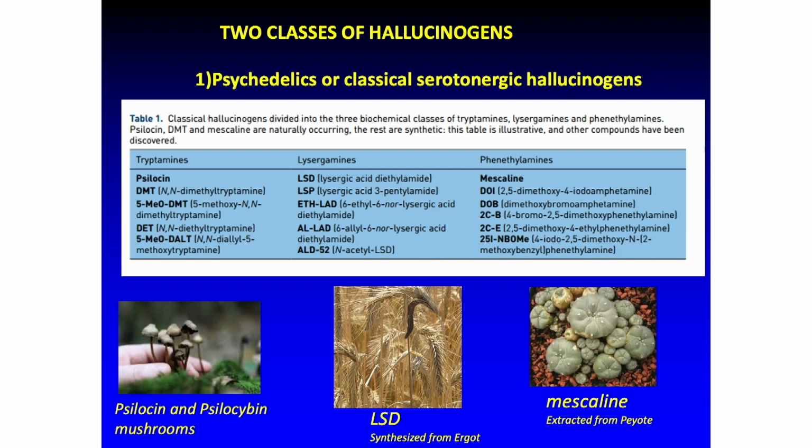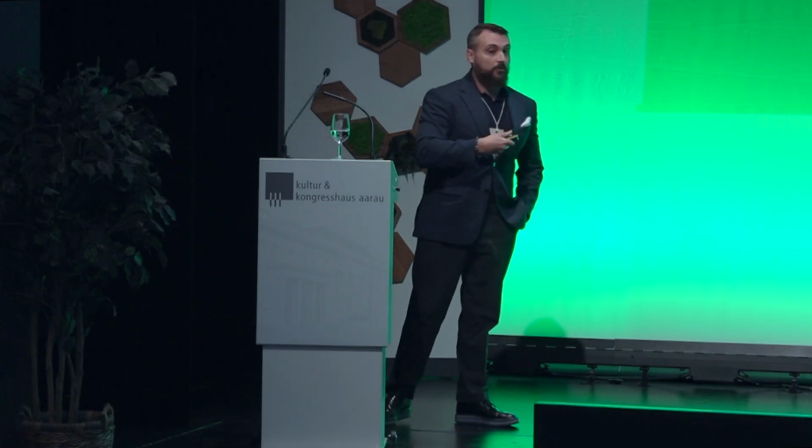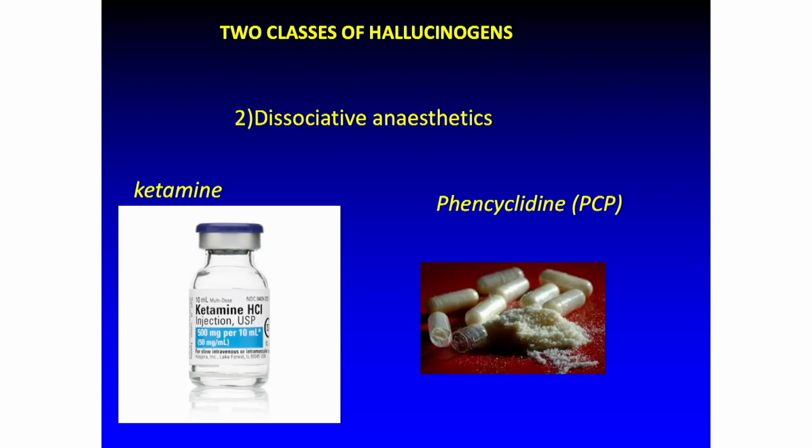we can divide hallucinogenic compounds into two main classes: psychedelics, or classical serotonergic hallucinogens, such as psilocybin, LSD or mescaline, and dissociative anesthetics such as ketamine or phencyclidine.